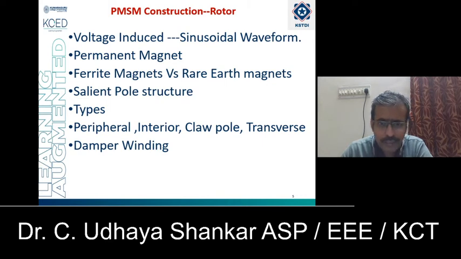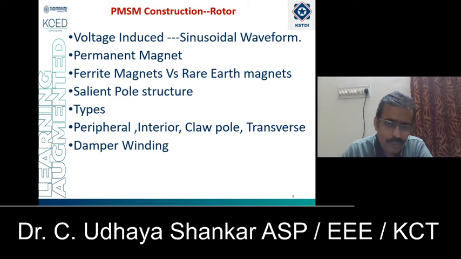Damper windings are a typical cage arrangement of conducting bars, similar to the induction motor rotor bars, and to damper bars used on many other types of synchronous machines. It is not essential for all permanent magnet synchronous machine applications, but is found in most machines used in power applications.